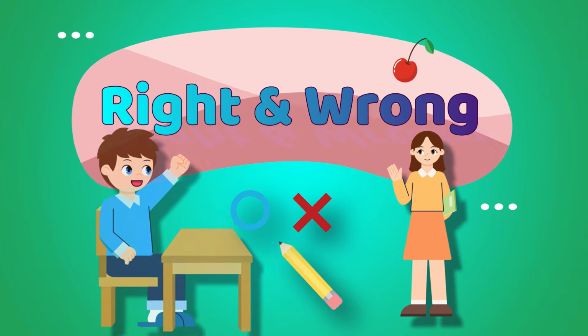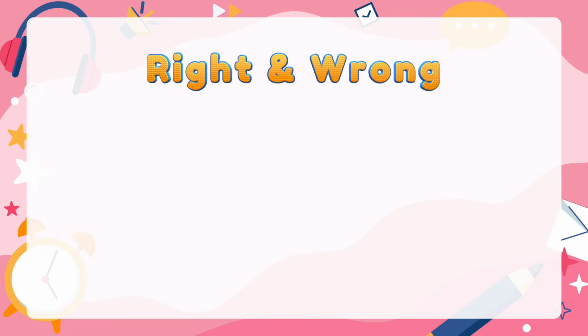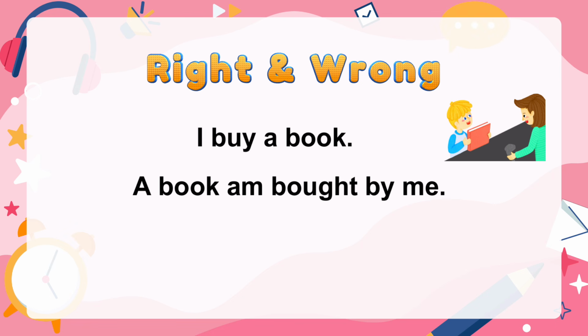Right and wrong. Now go to the right and wrong section. The first one says, active voice, I buy a book. Passive voice, a book am bought by me. This is wrong. A book is a thing, so it goes with the be verb is, not am.